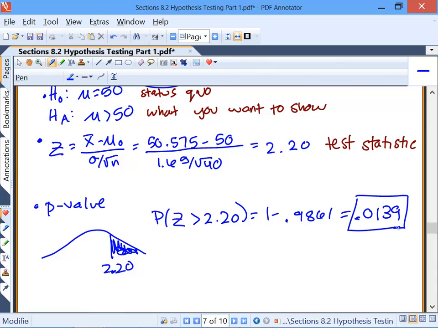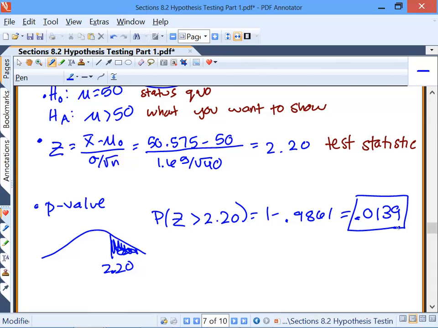Now it is important that you interpret your p-value correctly. So I told you that confidence intervals, interpreting them incorrectly was one of the most common mistakes. The other one is p-values. Okay. Because who wants to look at that and say that that's the probability that the null hypothesis is true? Okay. So that's probably the most common way that people try and say that, because they want to simplify as much as possible, but you cannot simplify the definition of the p-value.